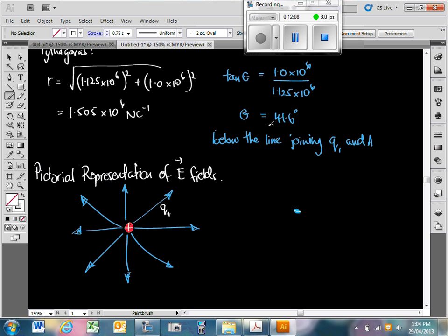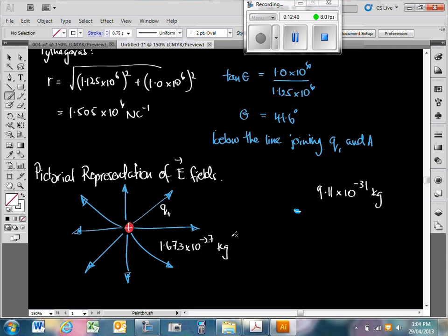Now, if you have a look at the size of this one, it has a mass of 1.673 by 10 to the minus 27 kilograms. And this one is 9.11 by 10 to the minus 31 kilograms.